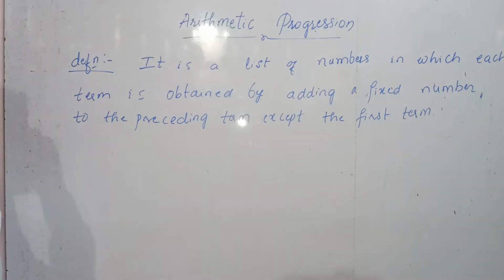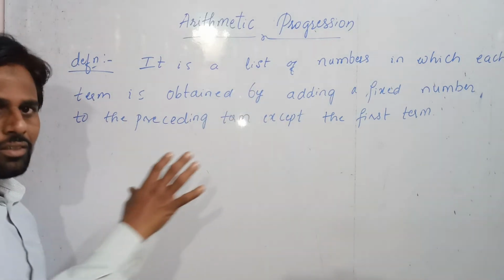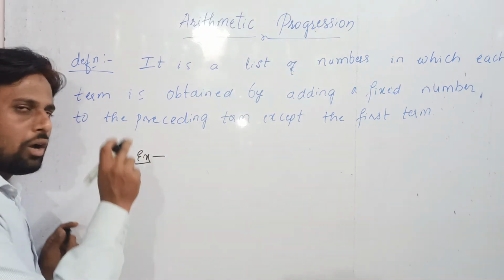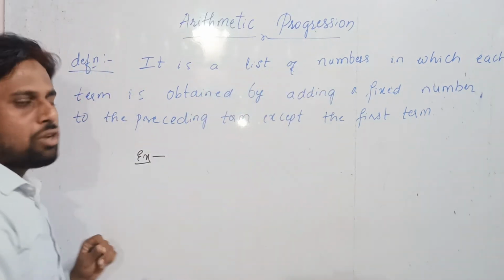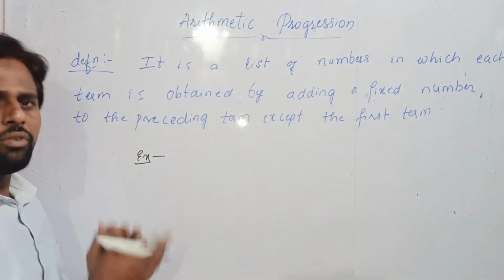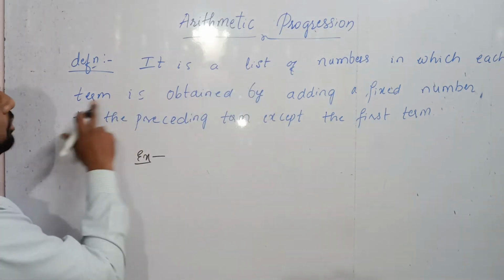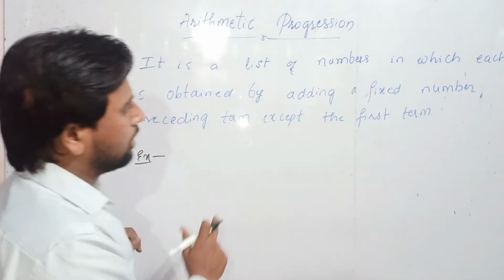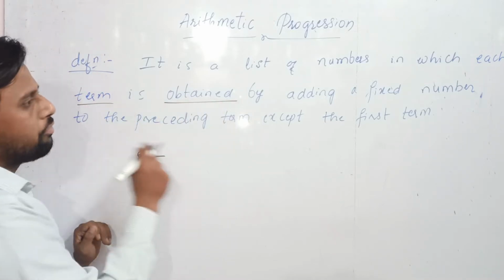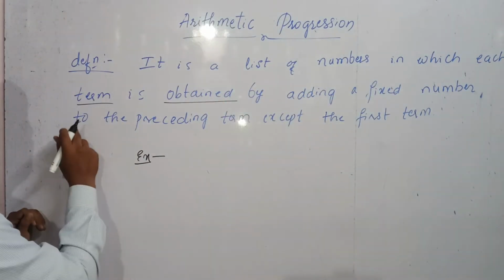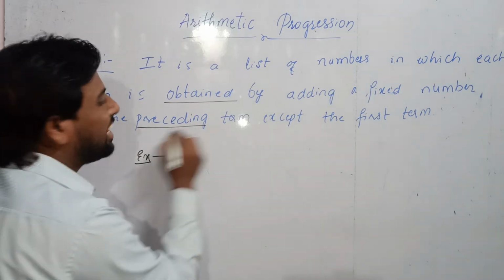So basically what happens, students, arithmetic progression is a list of numbers in which each term is obtained by adding a fixed number to the preceding term.